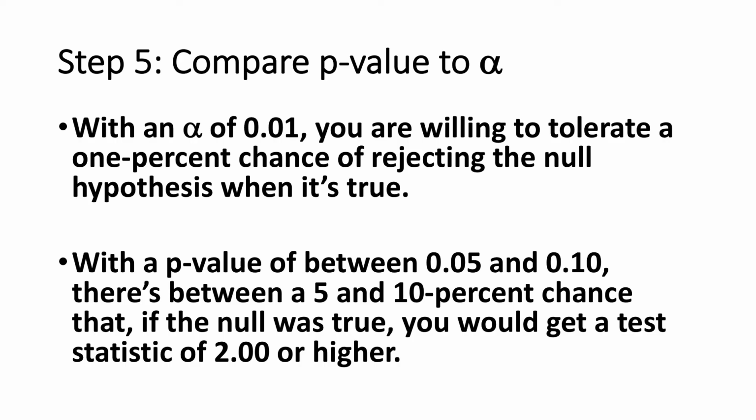The fifth and final step of the hypothesis test is to compare the p-value we just found to alpha. So in the second step, we set an alpha of 0.01, which meant that we're willing to tolerate a 1% chance of rejecting the null hypothesis when it's true. Now, after doing our research and calculating our p-value between 0.05 and 0.1, we've now learned that there's between a 5 and 10% chance that if the null was true, we could get a test statistic of 2 or higher.